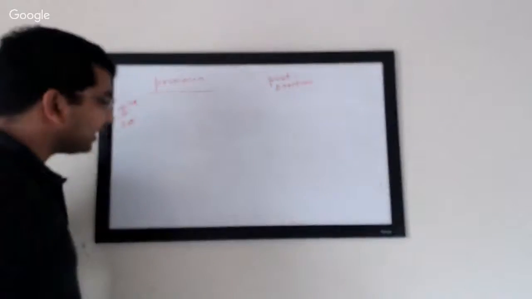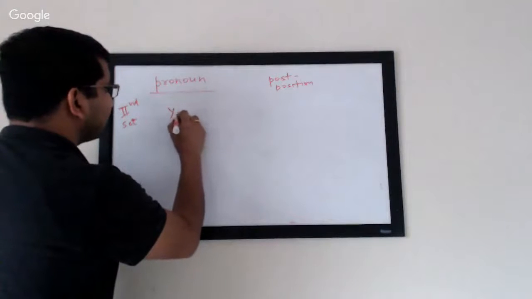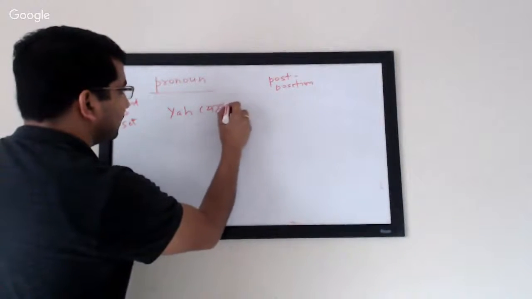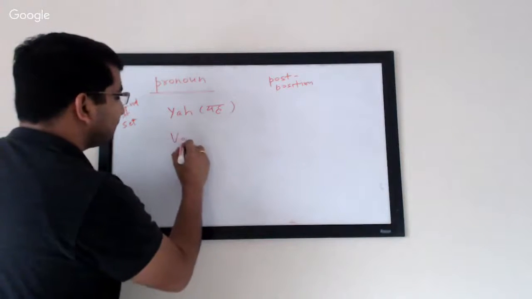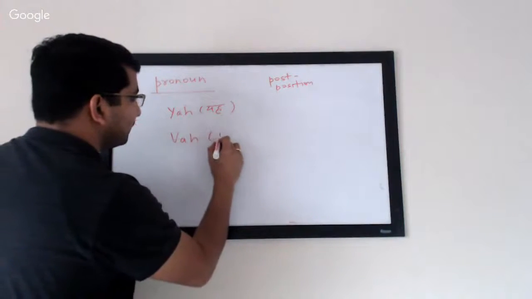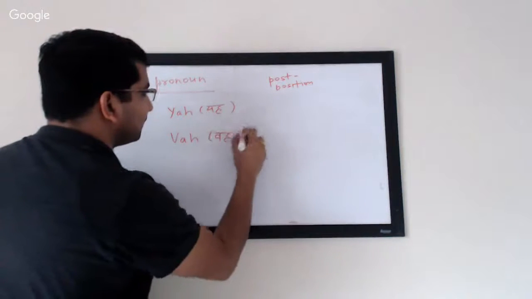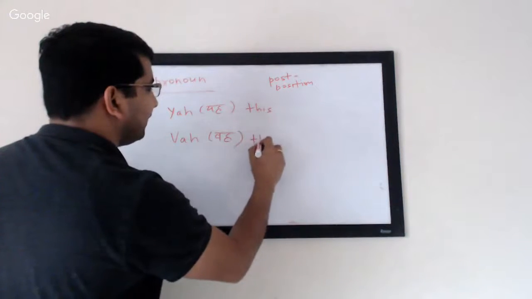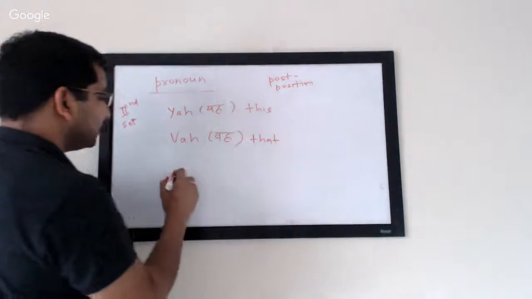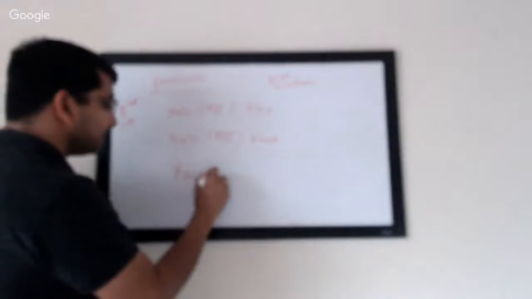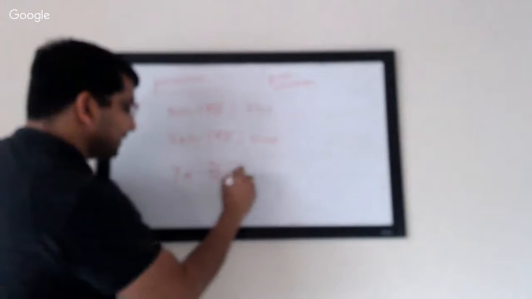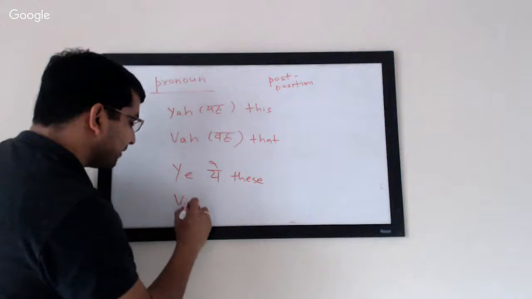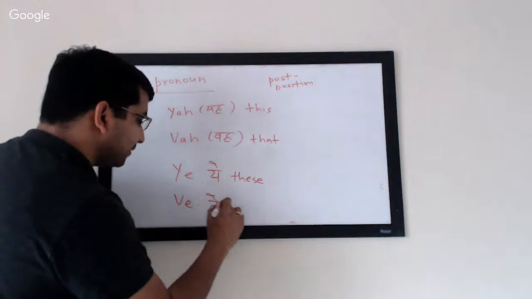In the second set, I'll have यह, it's this, वह, that, and then ये, these, and then वे, those.